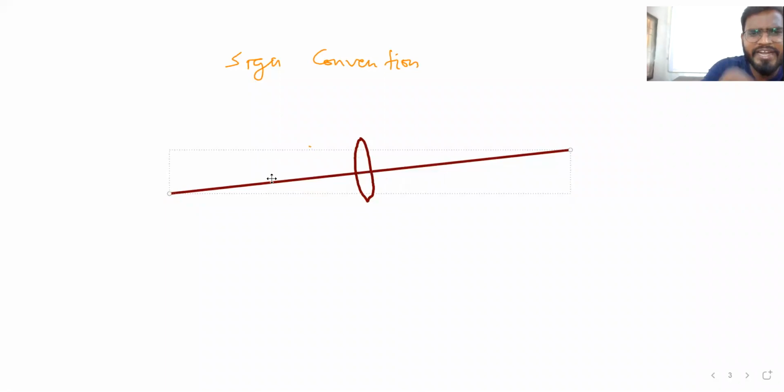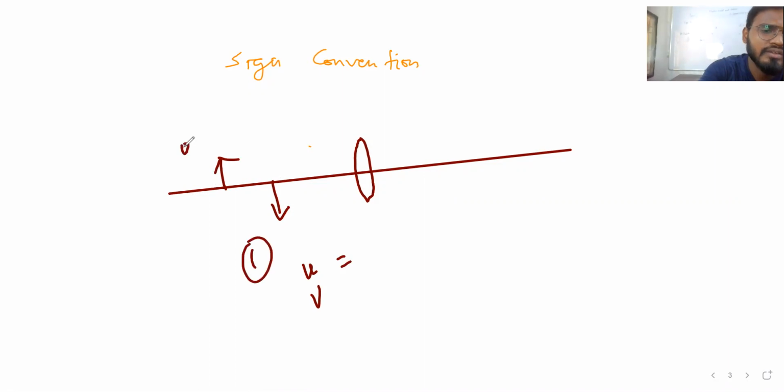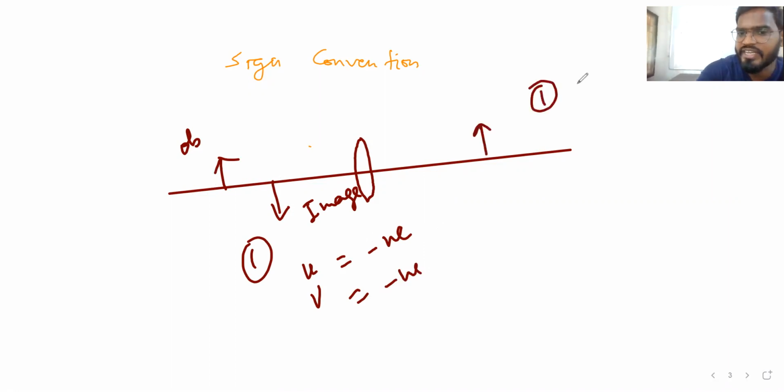In the first case we are considering, the object and the image are on the same side. Then the object is always negative, and the image is also negative. In the second case, if the image is formed on the other side, u is always negative, but v is positive. So that is the difference.